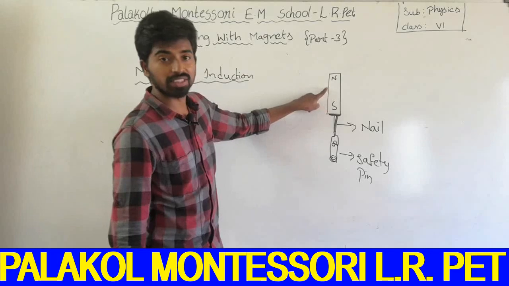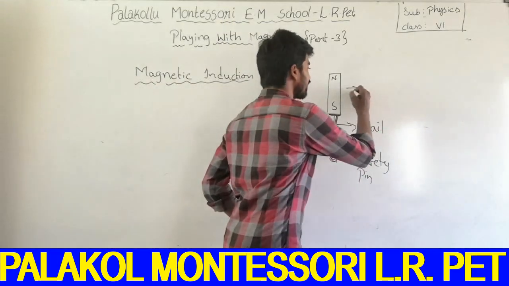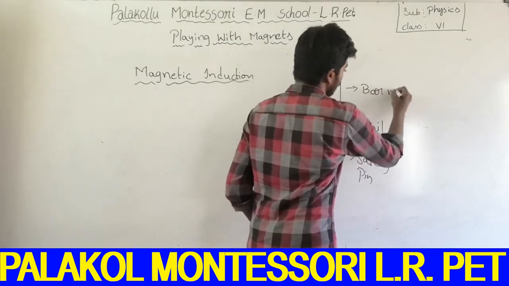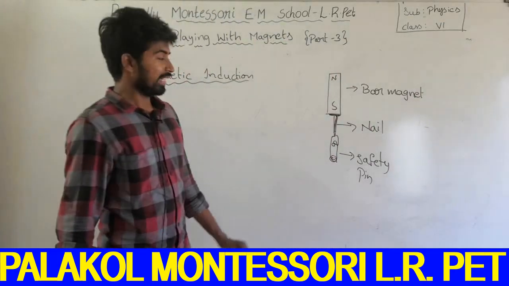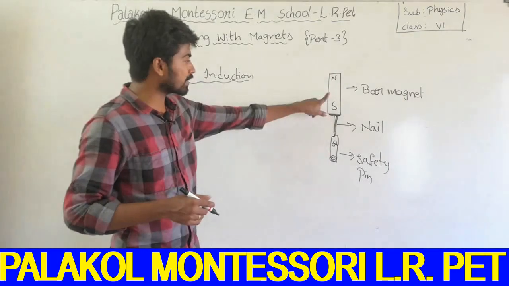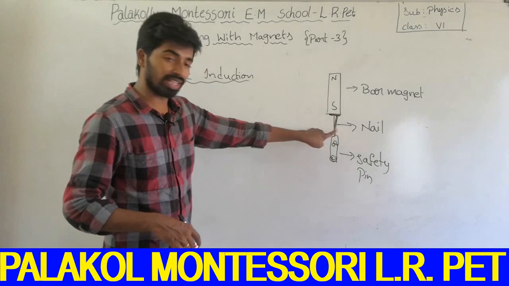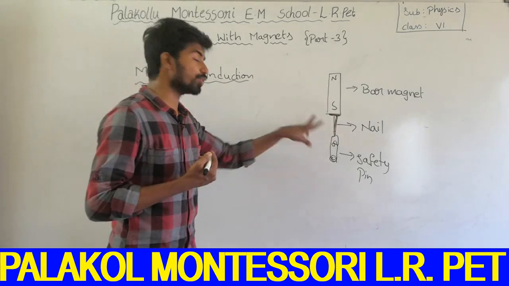Later, because of the presence of the bar magnet, this nail acquired magnetic property. Magnetic property is created, produced, in this nail because of the presence of the bar magnet close to it.